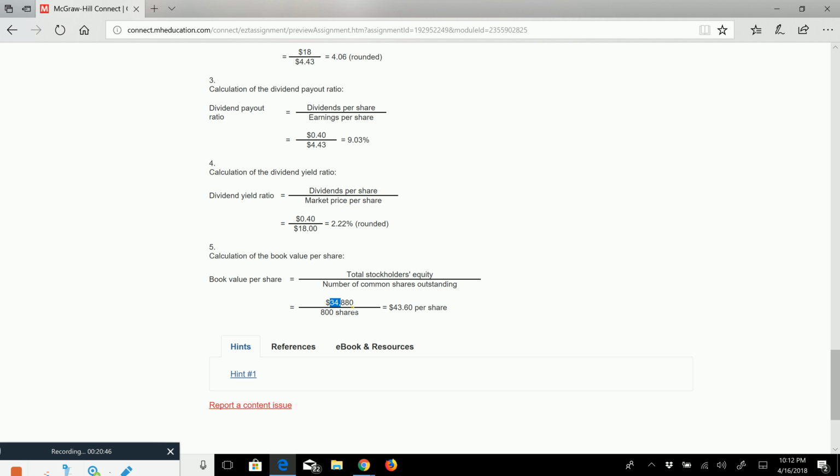Your numerator is the total equity divided by the number of shares outstanding. For stockholders, we would like to see the book value per share keep growing. This tells us that our equity section is growing and growing and growing. That is good over the long term. That means the company is profitable consistently year in and year out.